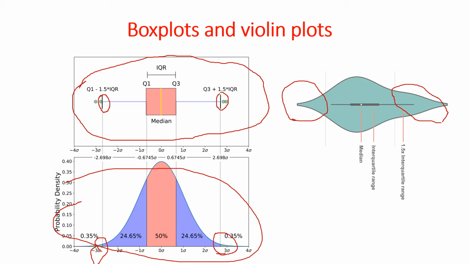You can easily look at the density and see which part of the data is bulkier, where the data is clustered, and whether the median and mean are on the same line or not. So it gives you extra information with the density information.